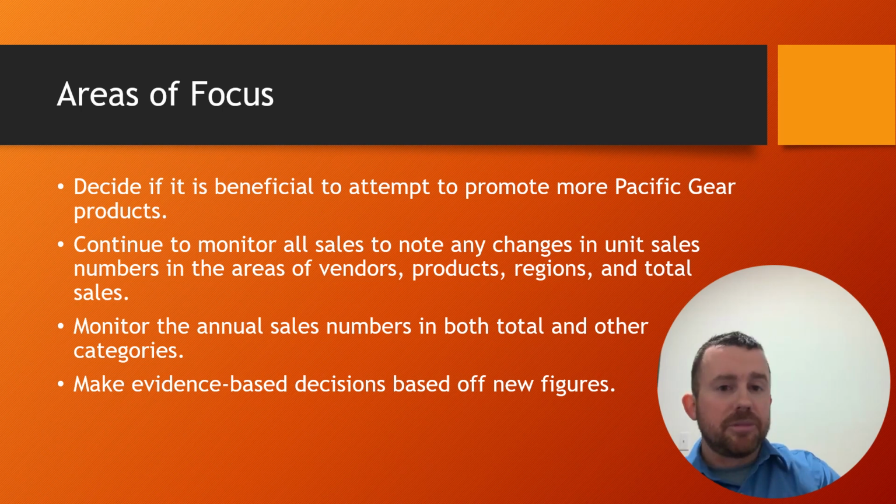Same thing, just monitor the total sales in each individual aspect of it to help us improve everything. And more importantly, make evidence-based decisions off that. So what has worked in the past, what typically works in retail and merchandise sales, and do whatever is necessary to help improve the company.